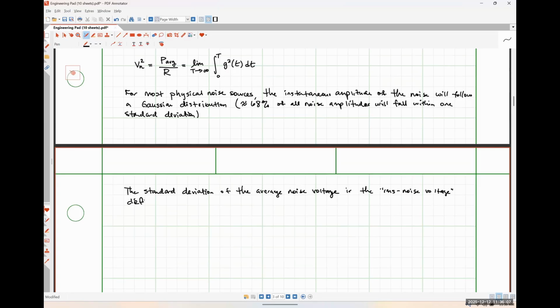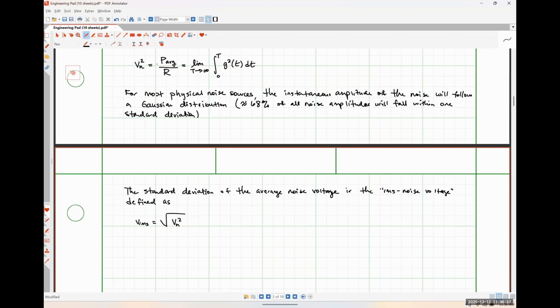Defined as VRMS, it will be the square root of our noise voltage, since we defined noise voltage as Vn quantity squared.